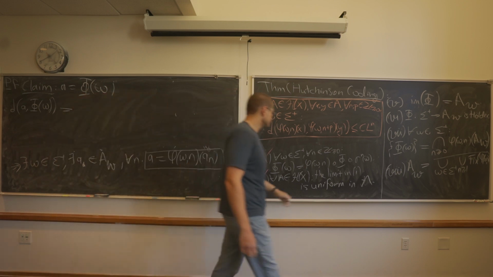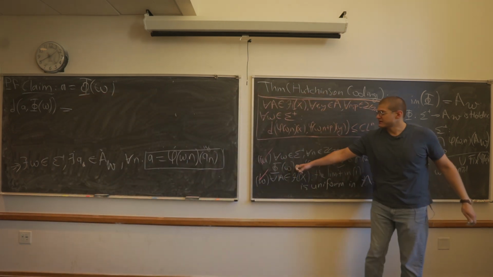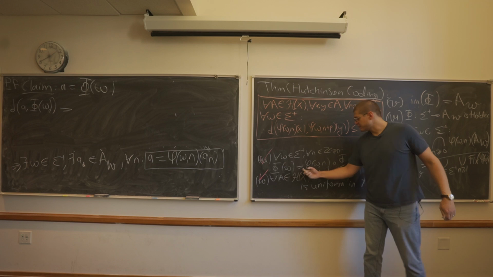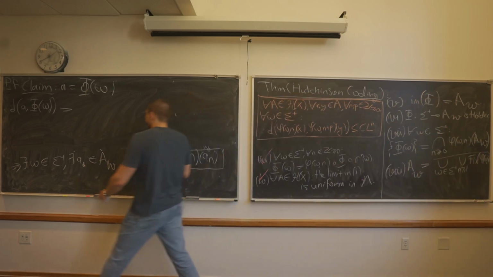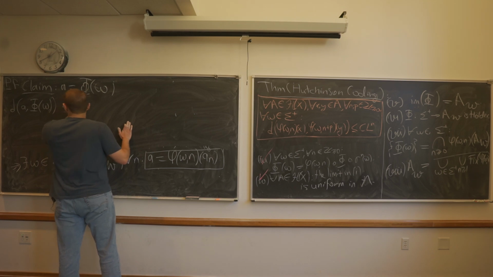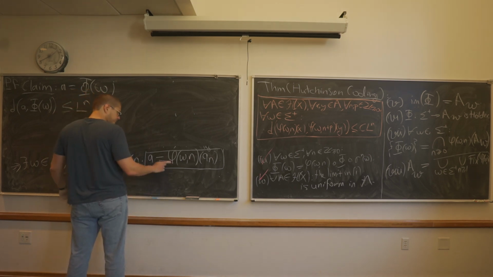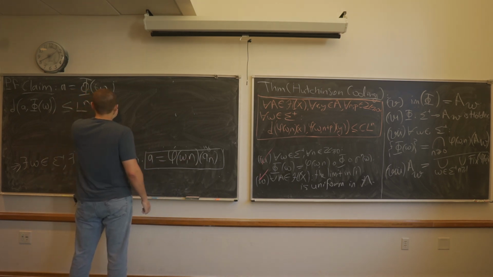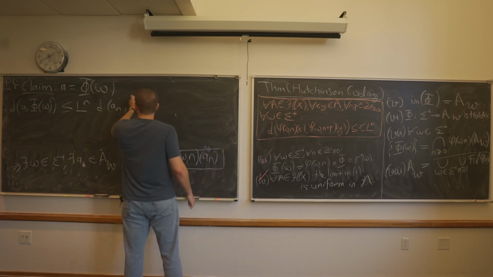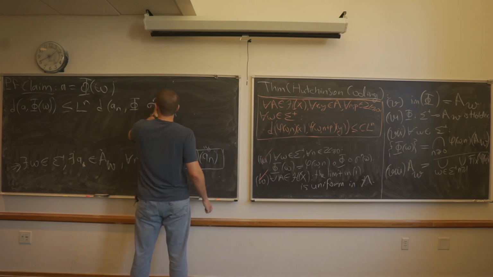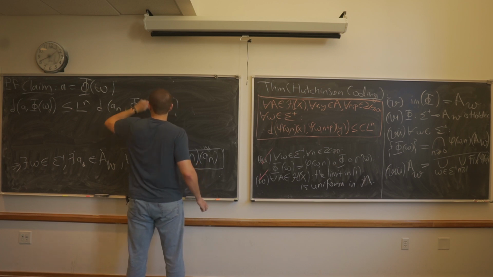And again, let me just not write it explicitly. Again, I can replace phi of omega by this expression and then pull out this factor to get a factor of L to the n. In which case I have, and then over here I have this omega.